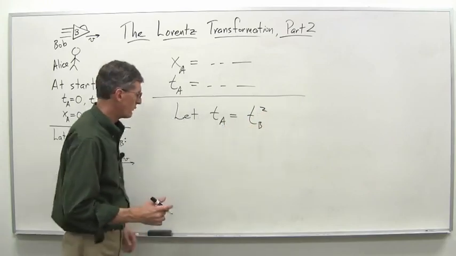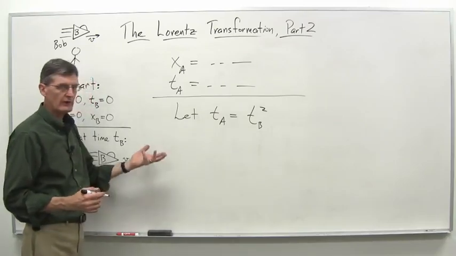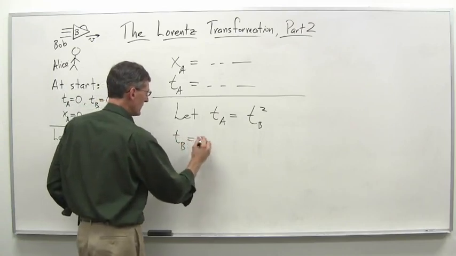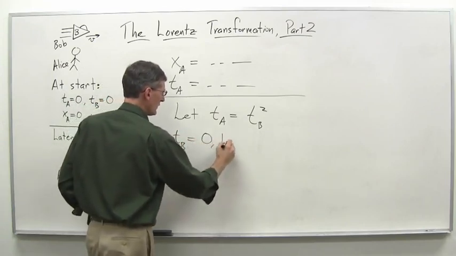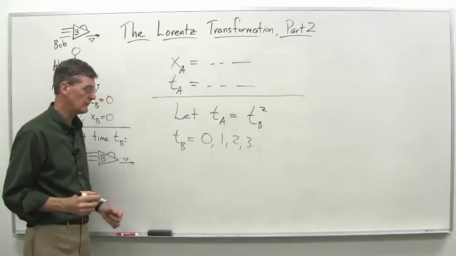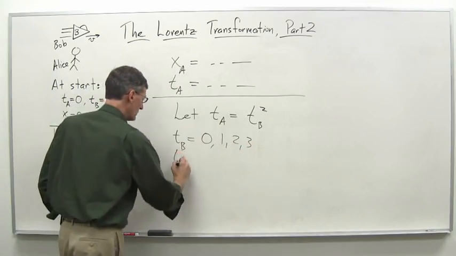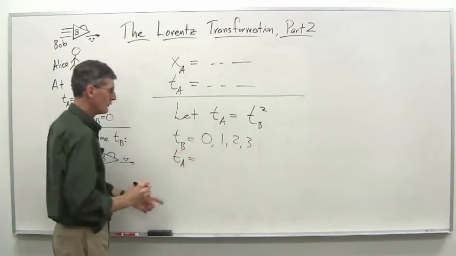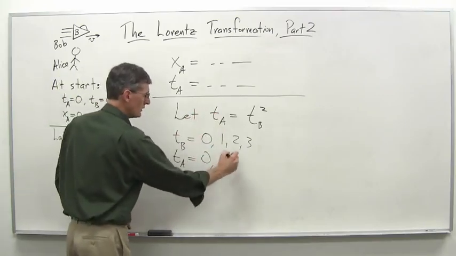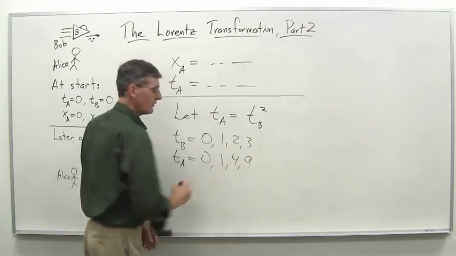Why not? Well, let's think about this a minute. Let's say that Bob has TB equals 0, 1, 2, 3, just some times TB. That means by the formula we're trying out here, TA would be TB squared. So 0 squared is 0, 1 squared is 1, 2 squared is 4, 3 squared is 9.